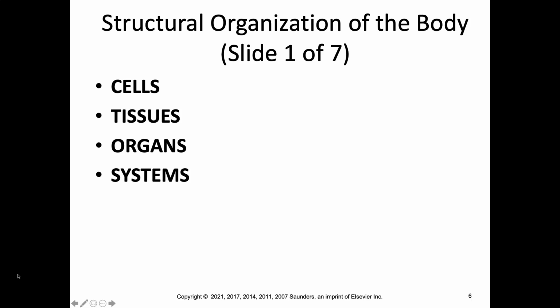And it talks about this on page 36 in your book. You can see that tissues are a group of similar cells that work together to do a specific job. So cells build together to do a specific job, and that becomes tissues. It talks about these different types of tissues on pages 36 and 37.